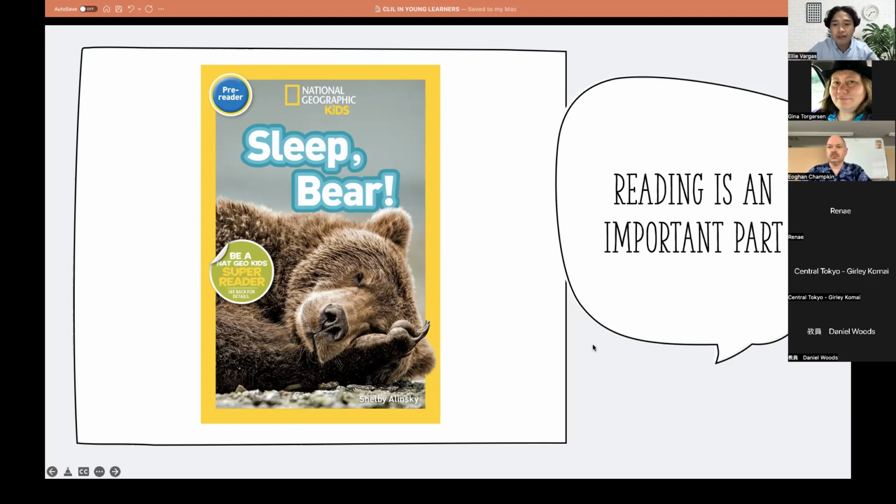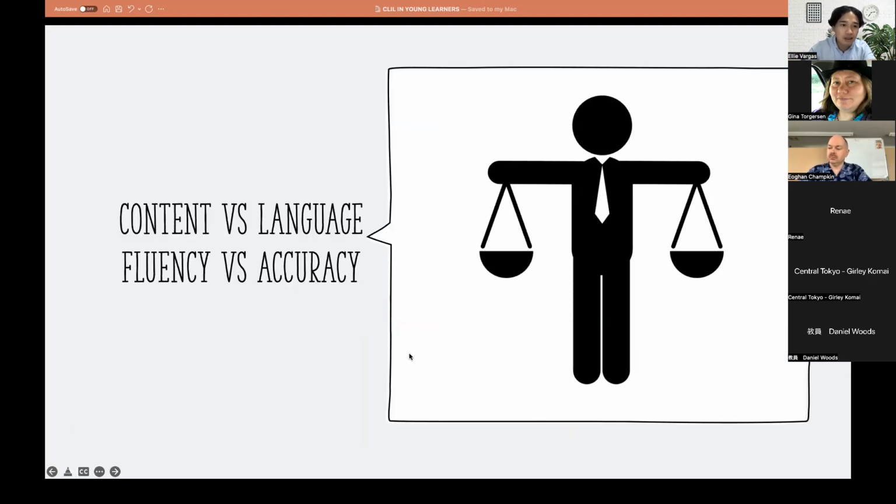And reading is one of the most difficult skills to learn in a foreign language, right? Okay. And one of the things that you have to decide when you're teaching content is whether content comes first or language comes first. And there are two kinds of CLIL. There's soft CLIL, which emphasizes language learning.